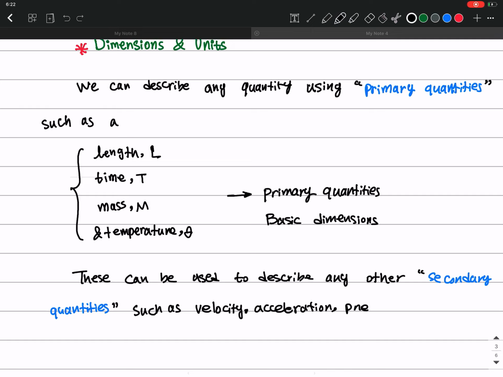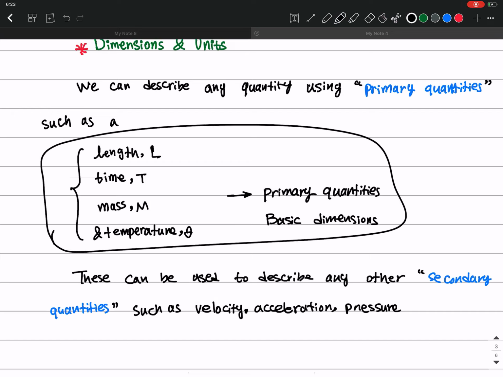An important parameter in fluids that we discussed. Okay? All of these can be described using these primary quantities.